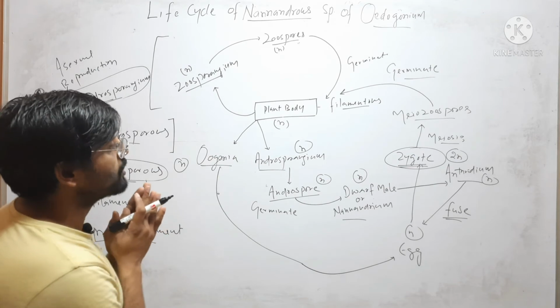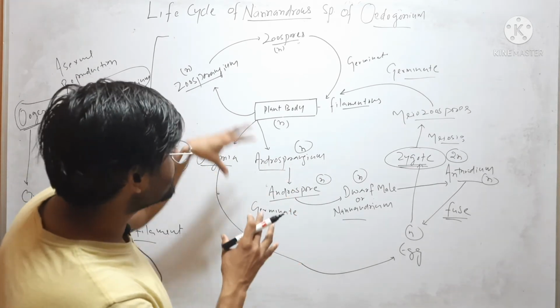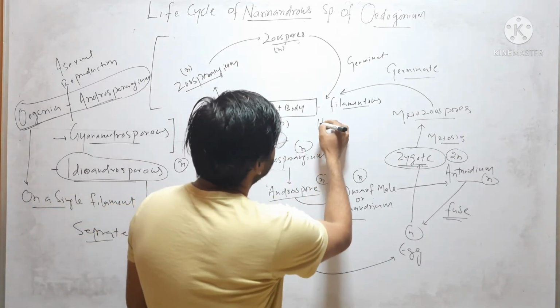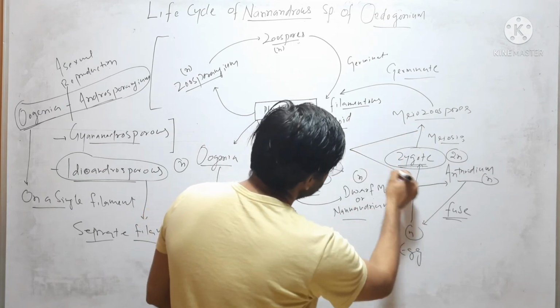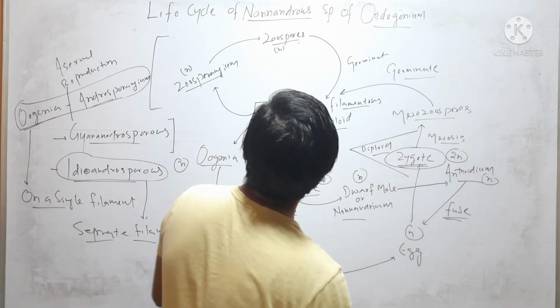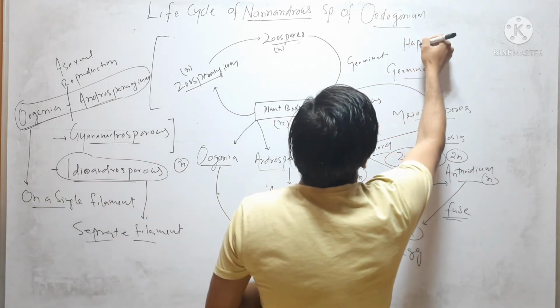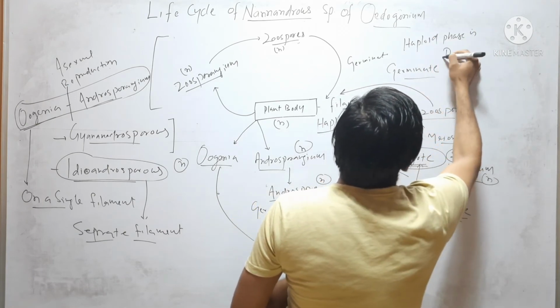Here you can see that all the events, all the structures that are formed in this complete life cycle are haploid, except the zygote, which is diploid. So you can say that here the haploid phase is dominant.